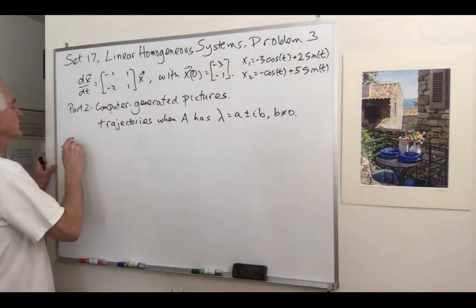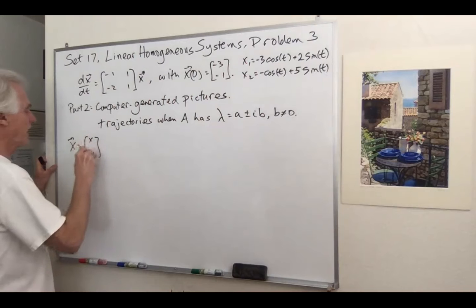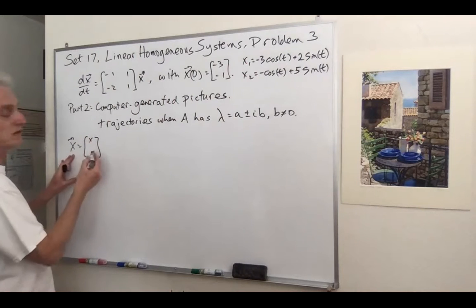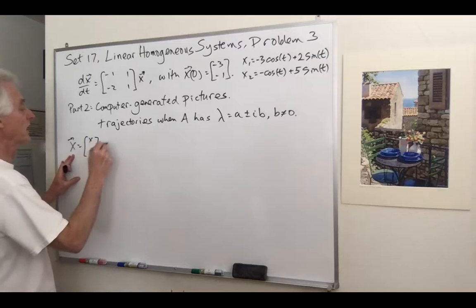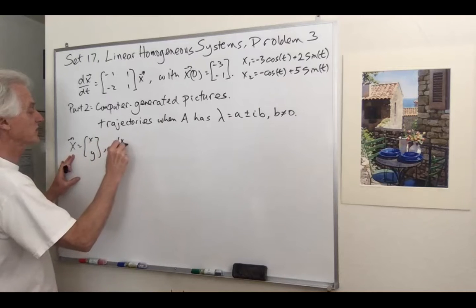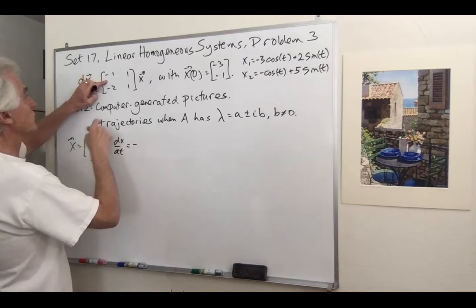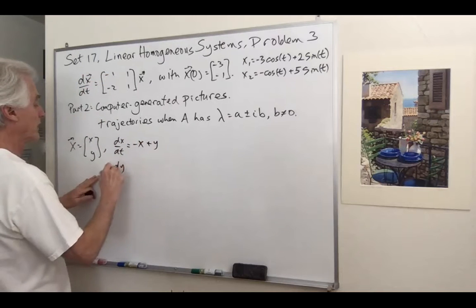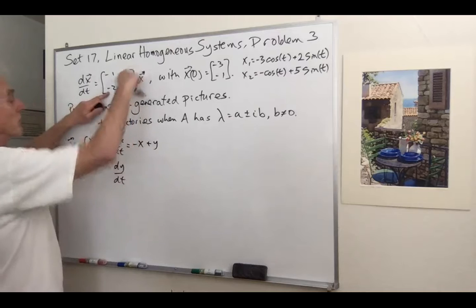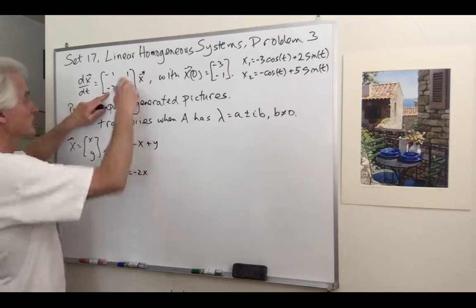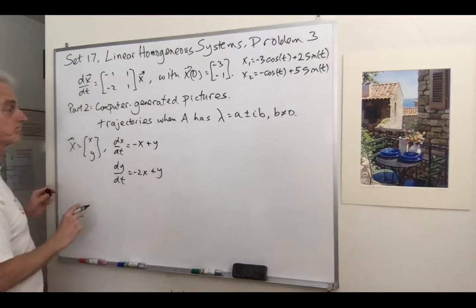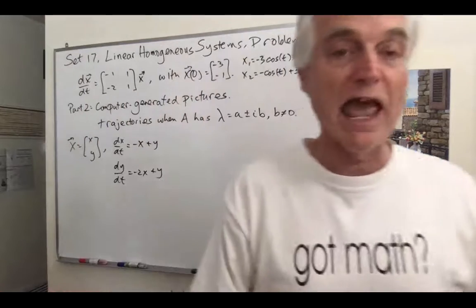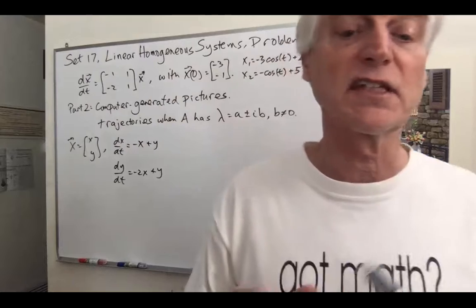If I let x be x and y, these are the variables we can use on the computer, and you get dx/dt equals minus 1 times x plus 1 times y, and dy/dt equals minus 2 times x plus 1 times y, using the matrix multiplication. So let's go to our app and see that.